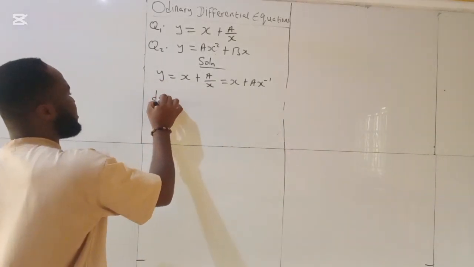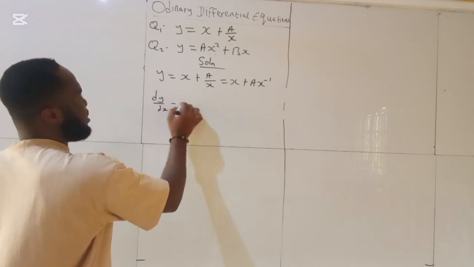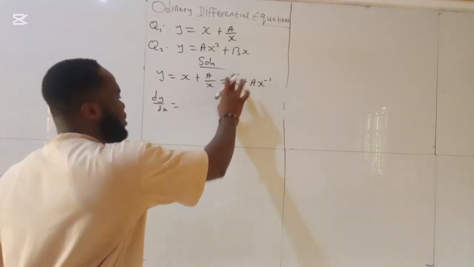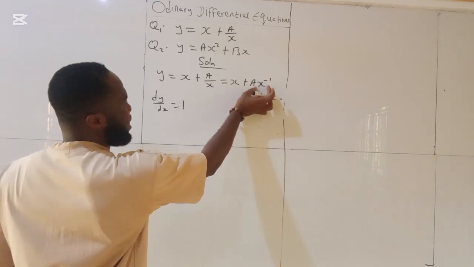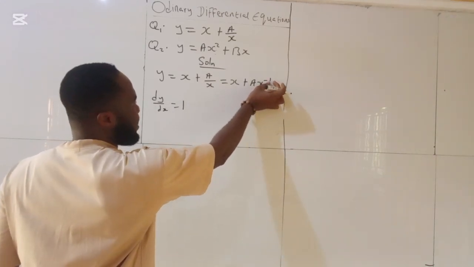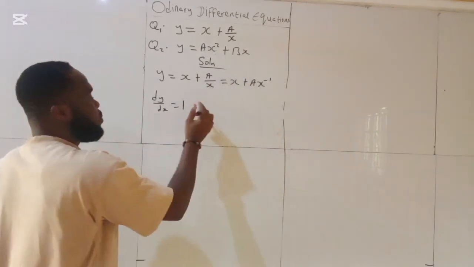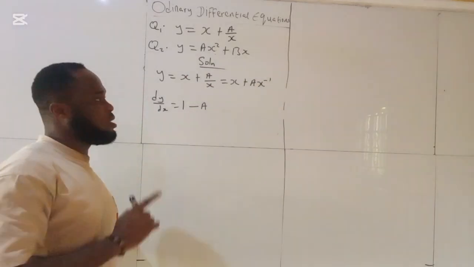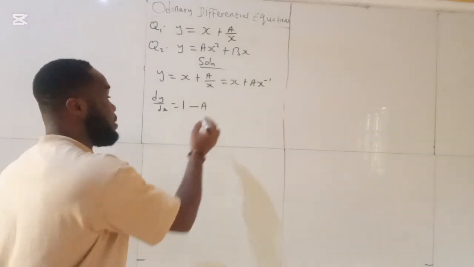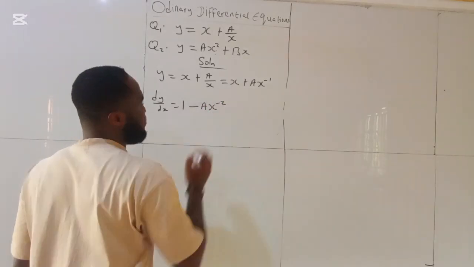Differentiate y, we have dy dx, which is equal to: differentiate x, we're going to have just 1. Now differentiate x raised to the power negative 1. Negative 1 will come down to multiply a, we're going to have negative a. Now take away 1 from minus 1, we'll have minus 2. Remember how to differentiate.